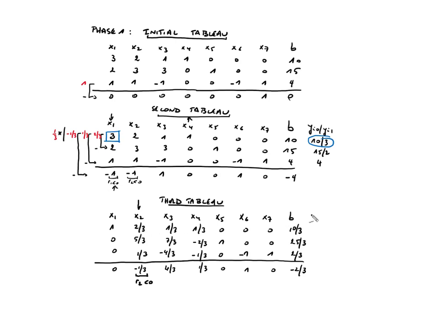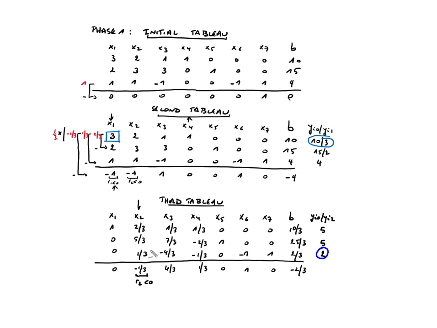So we have to compute yi0 over yi2, this one divided by this one, so that's a 5, this one divided by this one, this is a 5 as well, and then this one divided by this one, that's a 2, and the smallest positive value is 2 over here.